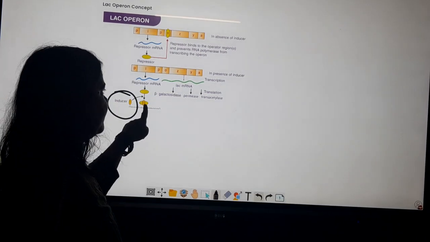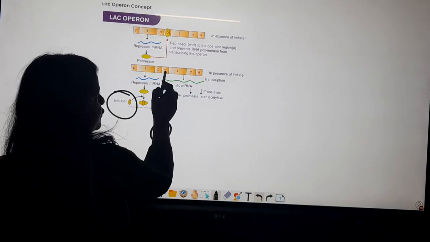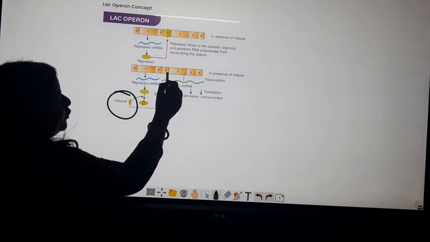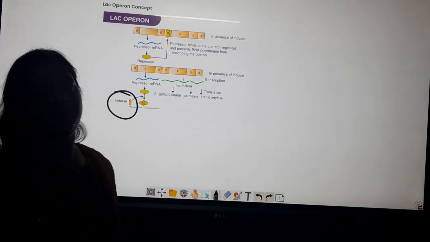When lactose is present in the medium, it will act like an inducer and bind to this repressor and inactivate it, so it will no longer bind to the operator region. So the RNA polymerase will further transcribe and form the mRNA of Z, Y, A.